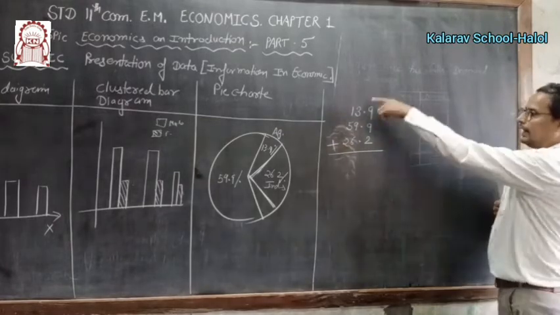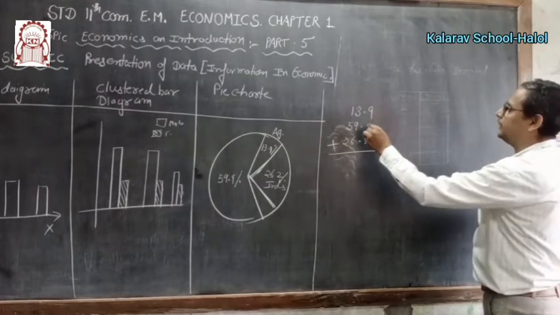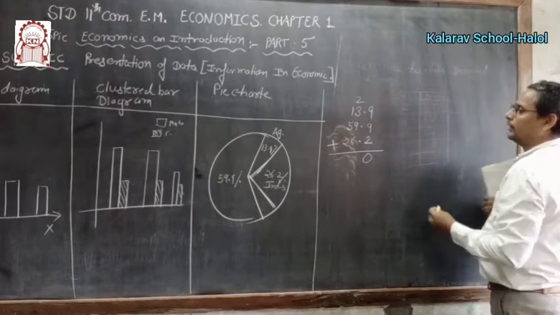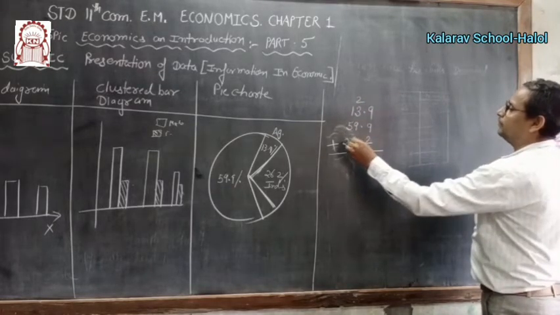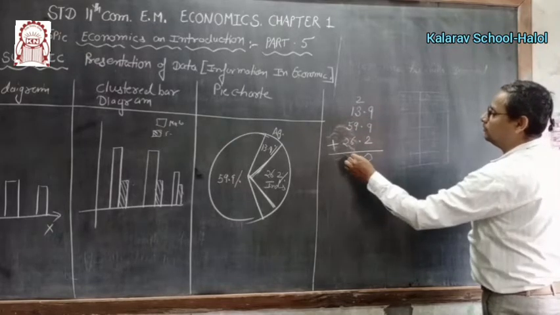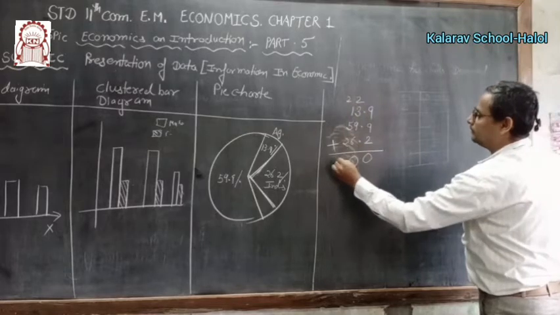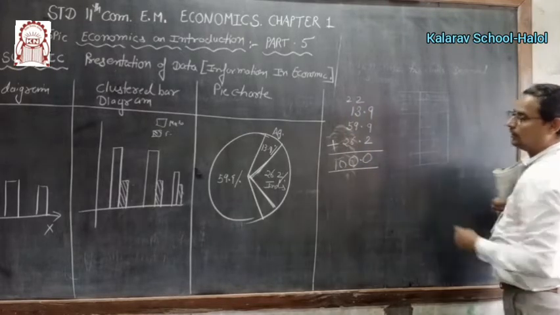If you add all this, you will get 9 plus 6 is 15, 15 plus 3 is 18, write 8 carry 1, and so on, so this is your 100.